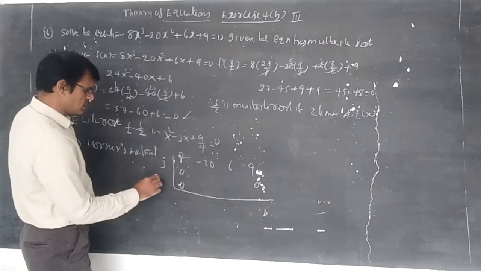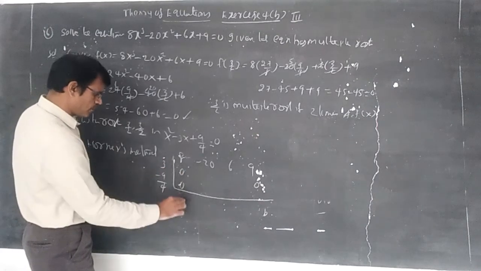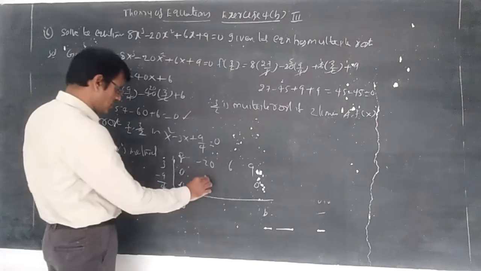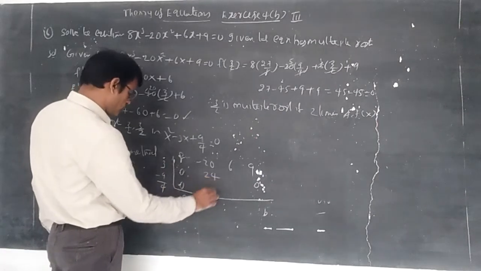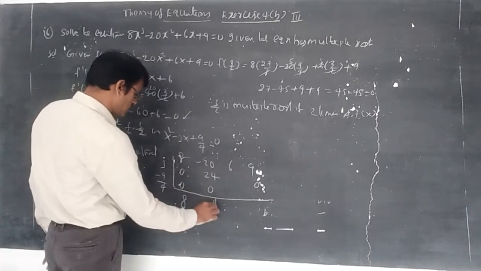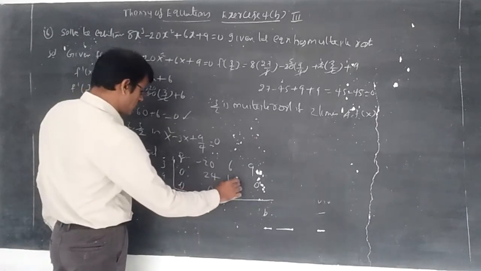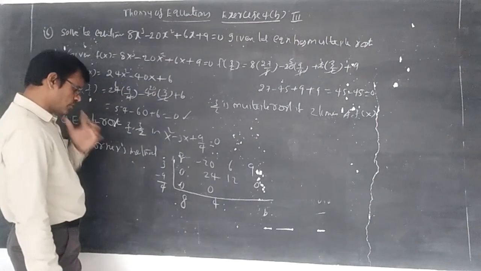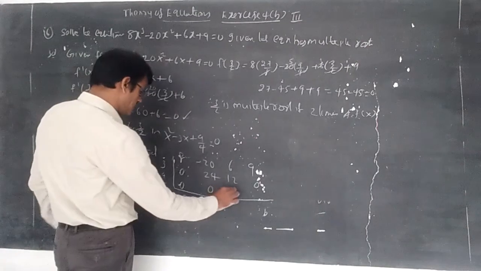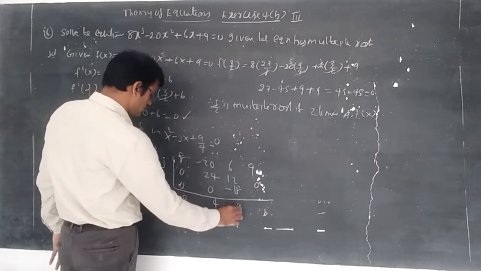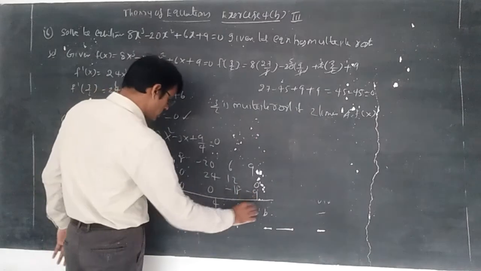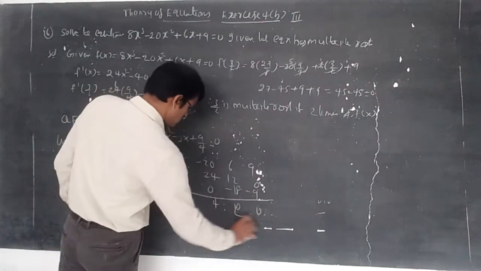Put 3 and minus 9 by 4. 8 is multiplied with 3 here, 8 threes are 24. Put 4, 4 threes are 12, and 8 into minus 9 by 4 is minus 18. Complete remainder is 0.